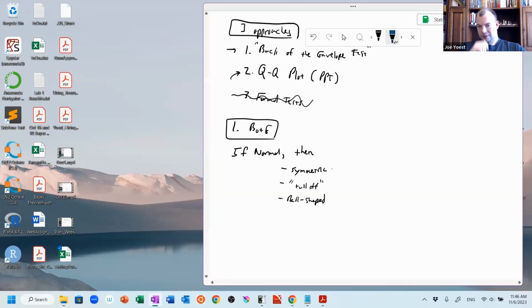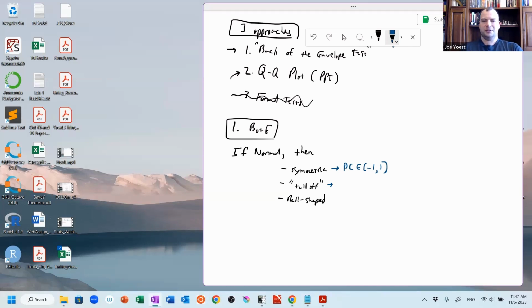In other words, if I expect to see symmetry, I would expect that the Pearson coefficient is between -1 and 1. If I expect it to tail off, well, one way that I could think of something that doesn't tail off to the sides is something that has a lot of meat in the tails, far away from the center of the distribution, right?